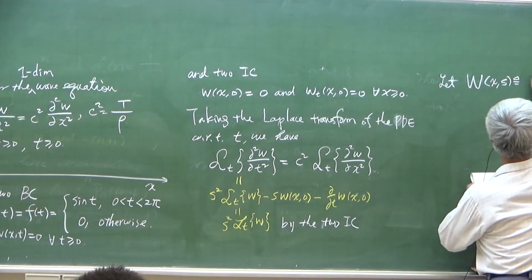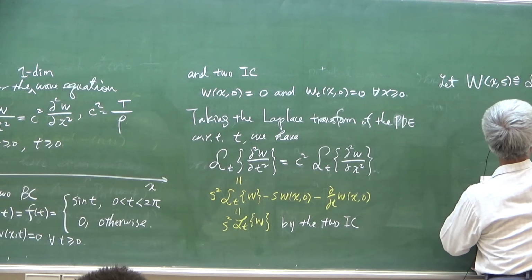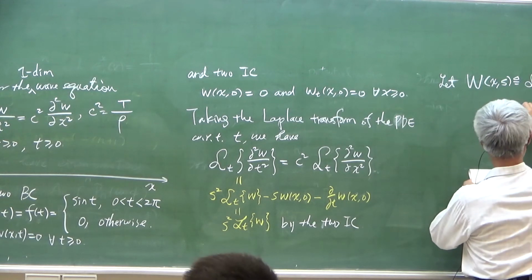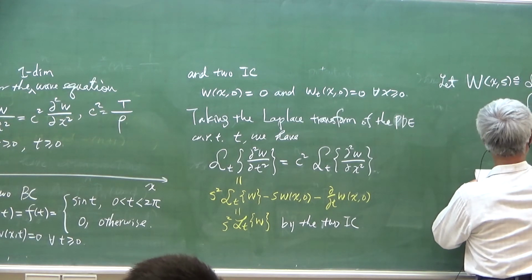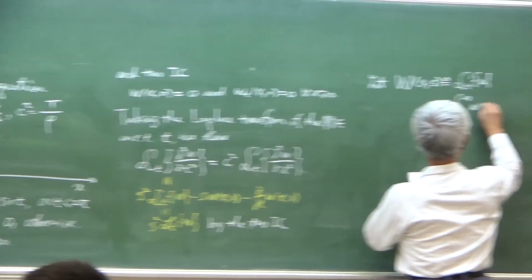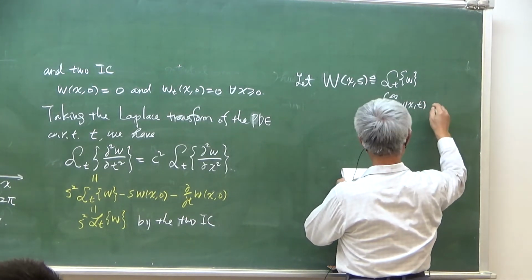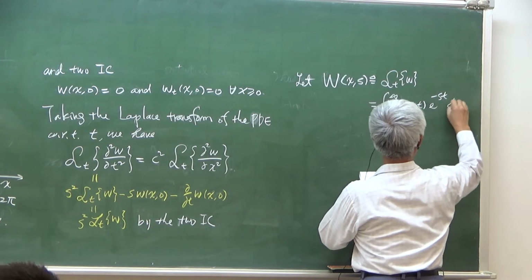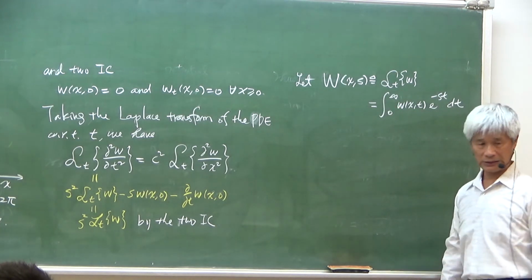And we let capital W of x be the Laplace transform of w. We know this is equal to, because we are considering the one-sided Laplace transform, the integral from 0 to infinity.